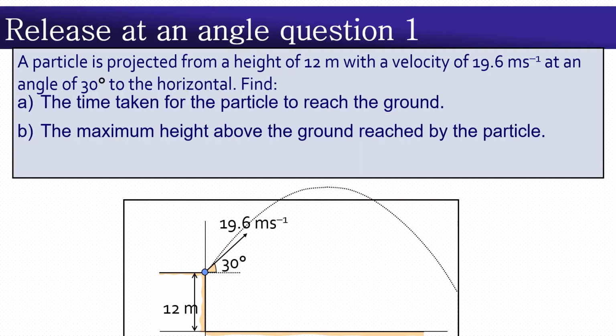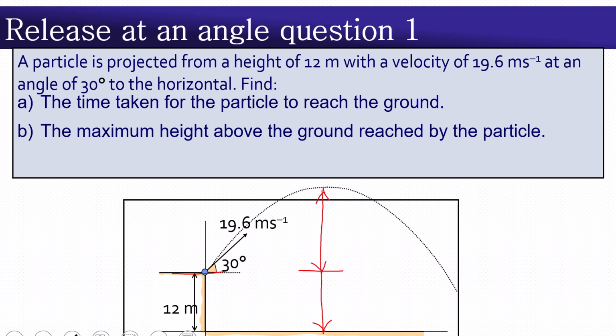The second part says that we calculate the maximum height above the ground reached by the particle. And in this case, we need the distance from here up to here. This is the maximum height above the ground. But you realize that we have some distance which is 12.